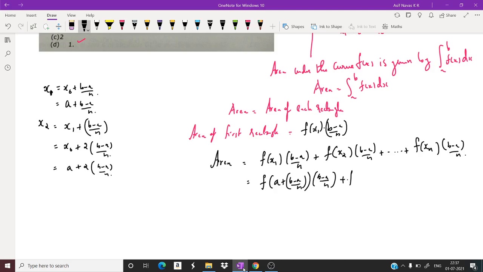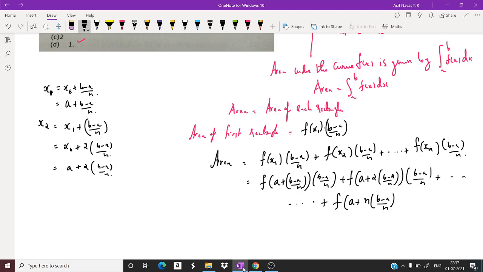So this is f of a plus 2 into b minus a by n into b minus a by n, plus etc., plus f of xn, which is a plus n into b minus a by n. That is actually f of b.